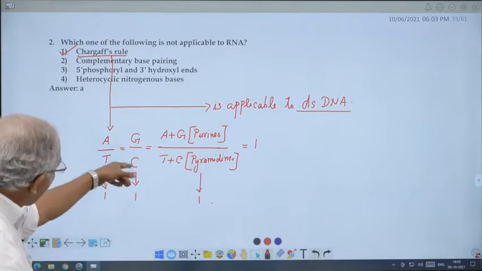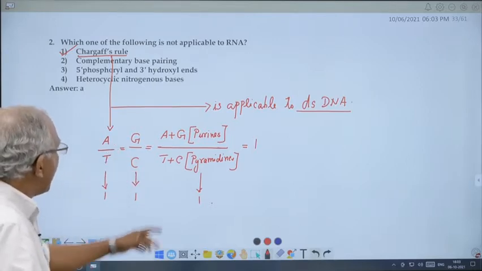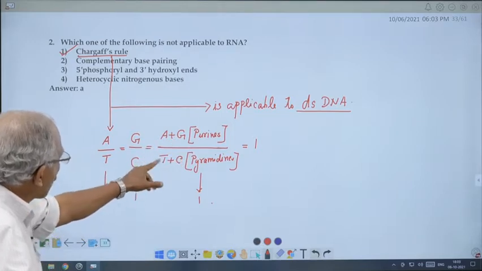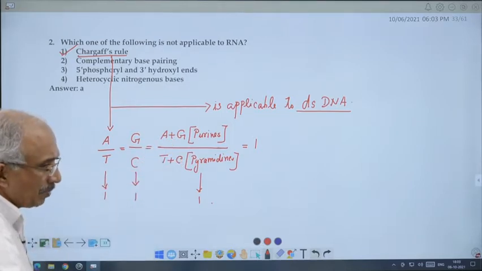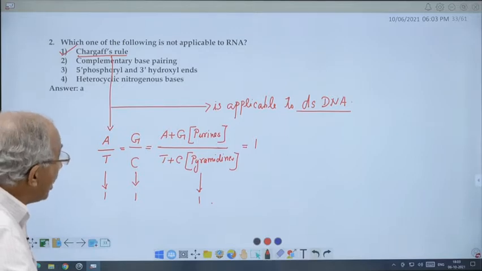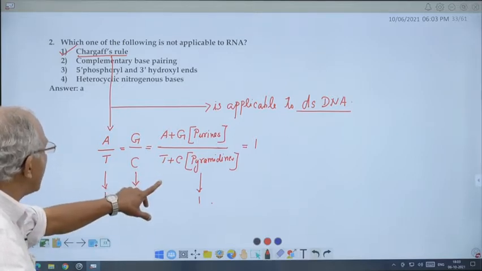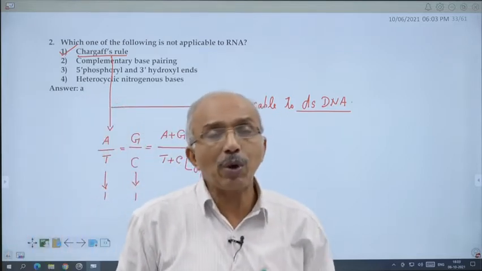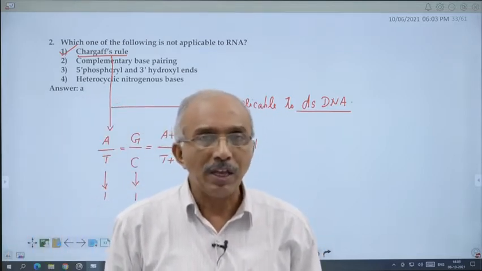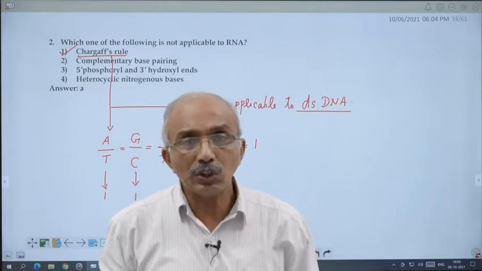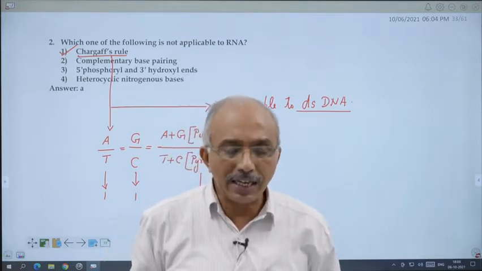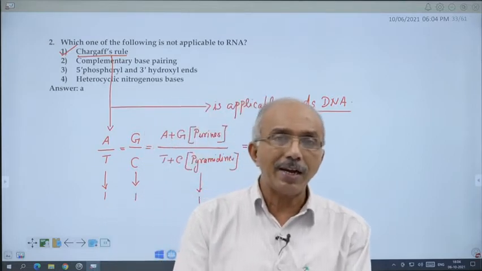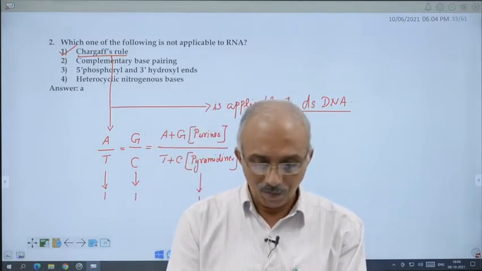So their ratio will be 1. Then the number of purines will be equal to the number of pyrimidines. How many purines there are, that many pyrimidines will be there. So purine divided by pyrimidine equals 1. This rule is called Chargaff rule, and it is applicable only to double-stranded DNA.